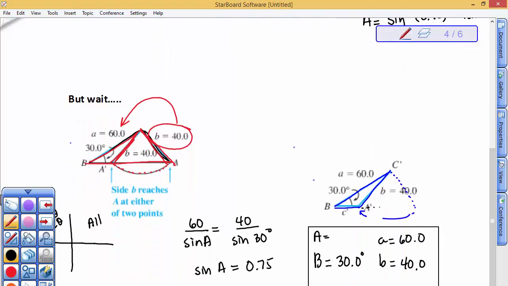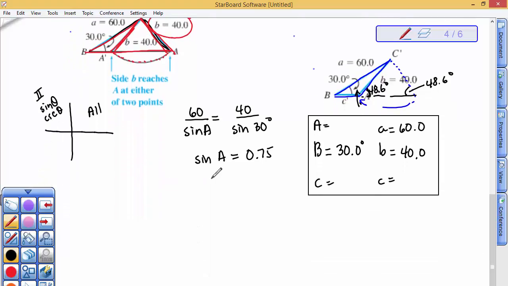Well, that makes this angle right here 48.6 degrees. And this angle right here is 48.6 degrees right there. So this angle A right there is going to be 180 minus. So I'm going to write here that angle A, it's a reference angle, is equal to 48.6 degrees.